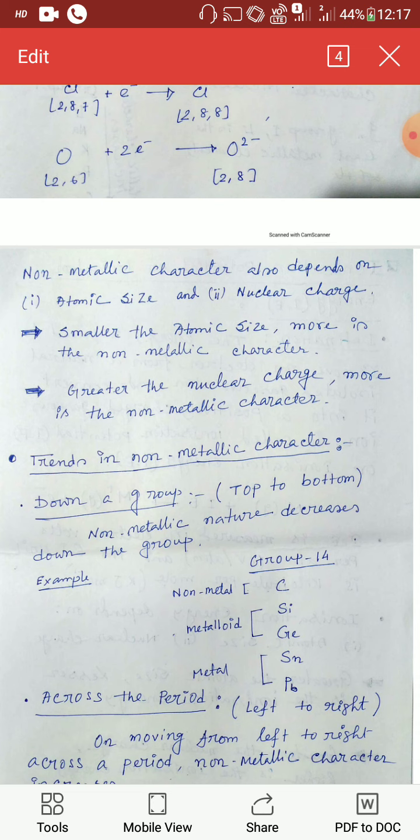Smaller the atomic size, more is the non-metallic character and less is the metallic character. Similarly, greater the nuclear charge, more is the non-metallic character, because greater the nuclear charge there is a greater tendency to accept or gain electron.